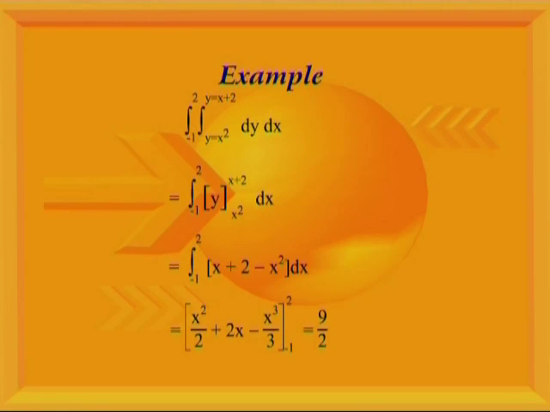After substituting these limits and simplifying, the result is 9 by 2, and so the area of the region we have drawn is equal to 9 by 2.